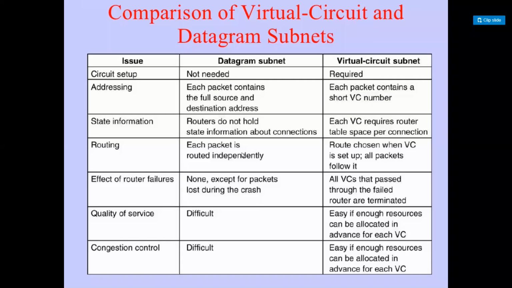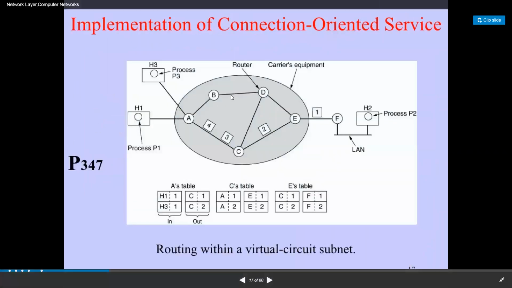Next, effect of router failures. Here in datagram, there is no effect. Suppose router B fails in this datagram subnet. Let us assume this is a datagram.